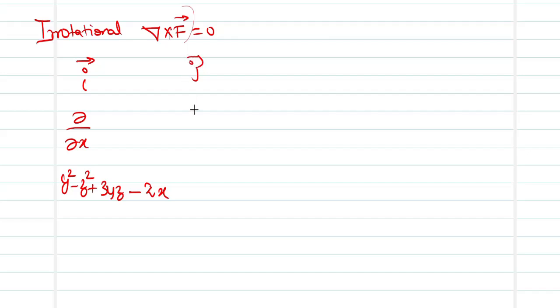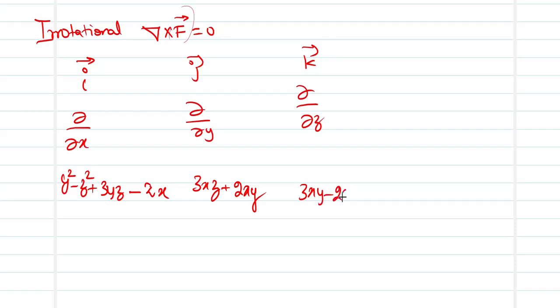Next my j, ∂/∂y. My f2 component is 3xz + 2xy. The last comes my k component, ∂/∂z, and the k component is 3xy − 2xz + 2z.